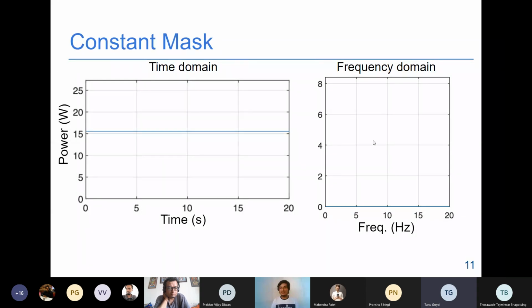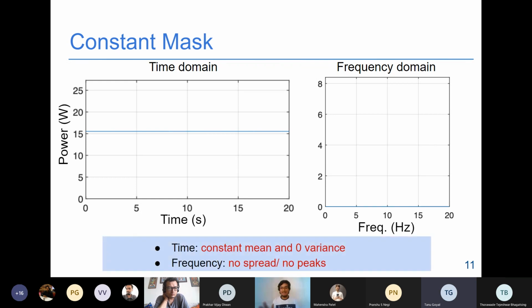And this is the frequency domain. After applying the Fourier transform, this is the plot that you get in the frequency domain. You clearly see that it is zero for all the frequencies and there are no peaks. So it is not satisfying any of the three requirements. It has a constant mean and zero variance in the time domain, and it neither has any spread nor any peaks in the frequency domain.